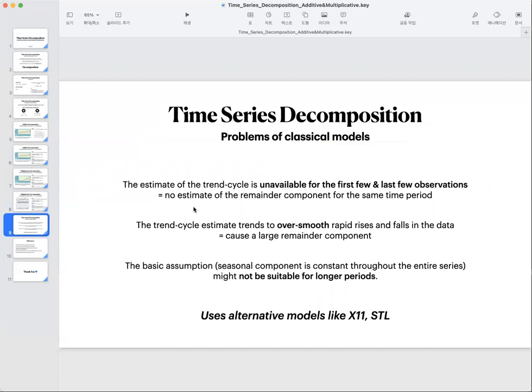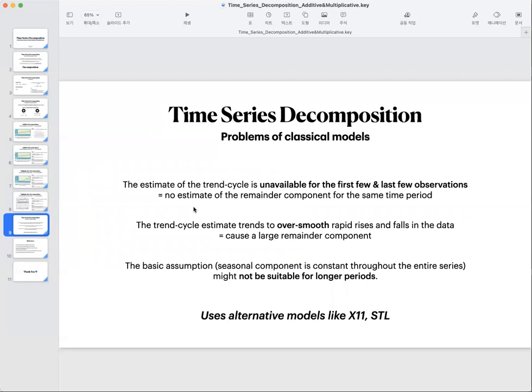Since these classical models are very simple, they have various problems. First, the estimate of the trend is unavailable for the first few and last few observations. As I mentioned before, we have to average with a fixed number of observations before and after the period t while using MA.